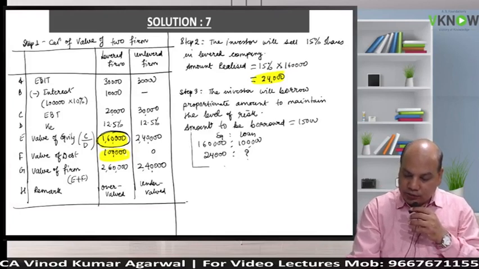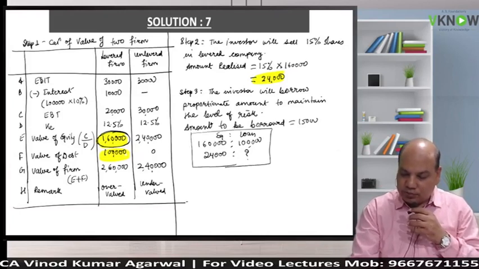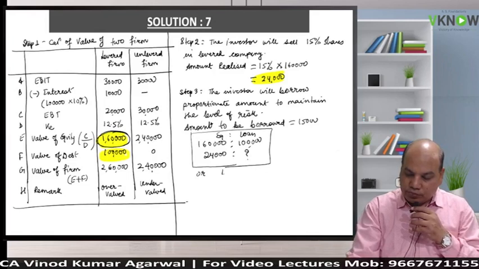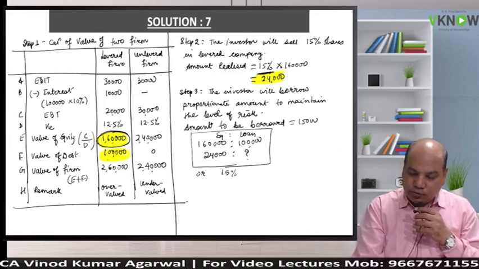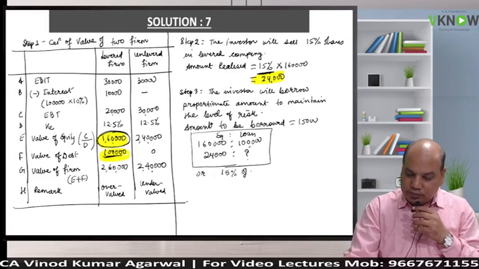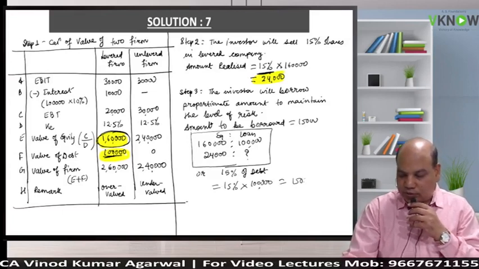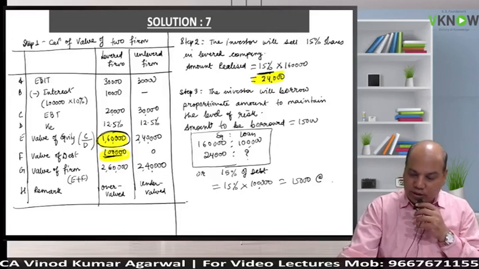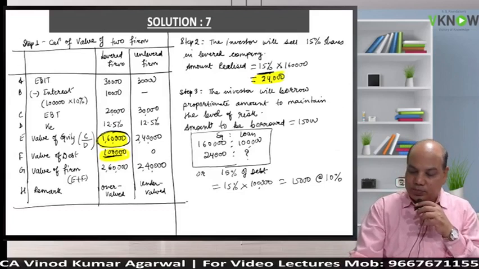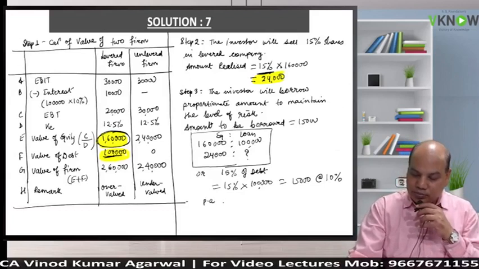Either you write this if this is understandable, or very simply just take 15%. He has 15% equity, so he will take 15% of debt, that is the same percentage multiplied by the amount of debt, 1 lakh, so 15,000. At what rate will he borrow? At the same rate at which the firm has borrowed, at the rate of 10% per annum interest.